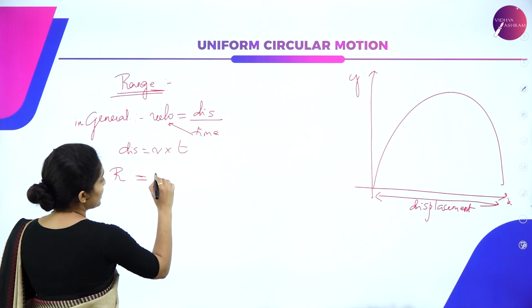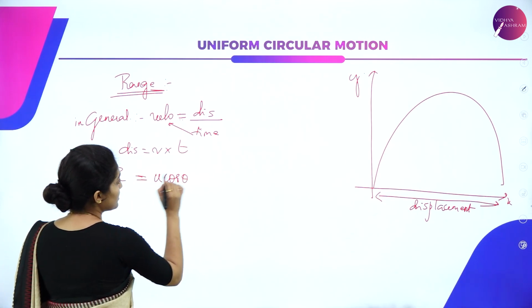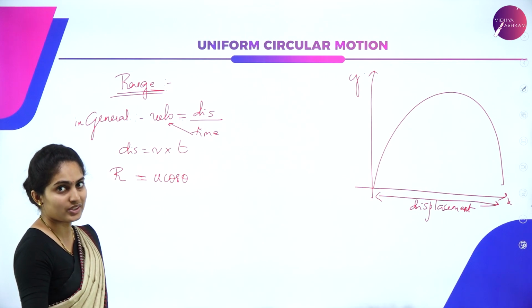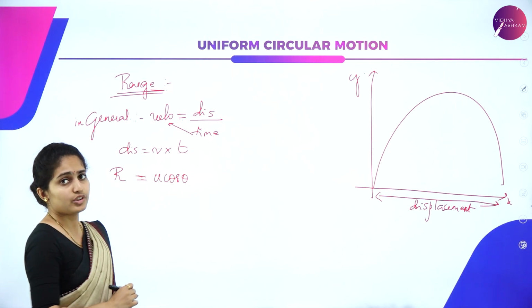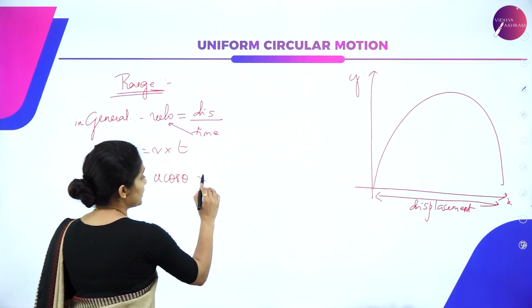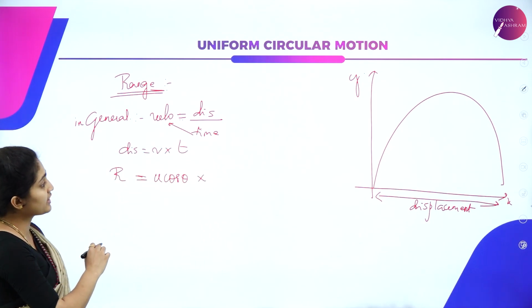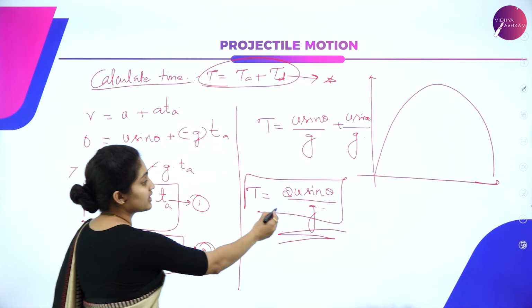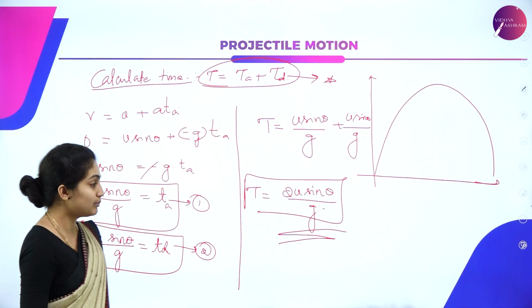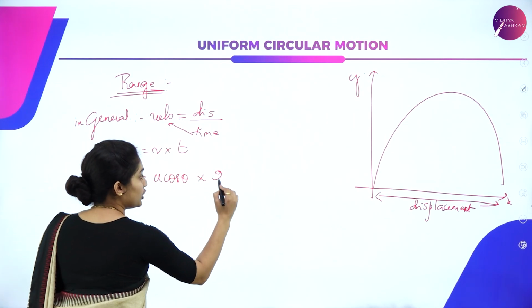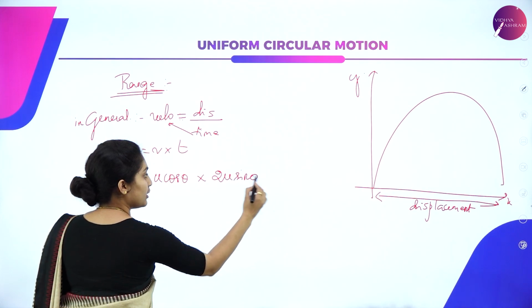What is the velocity? We have u cos theta, the velocity moving in the horizontal direction. We consider the horizontal speed here into the time taken. This is the capital T which we have already derived in the previous slide, that is, T is equal to 2u sin theta divided by g. So add it here, 2u sin theta by g.